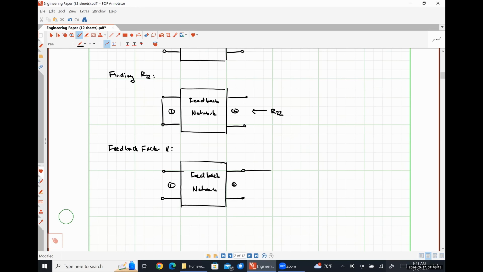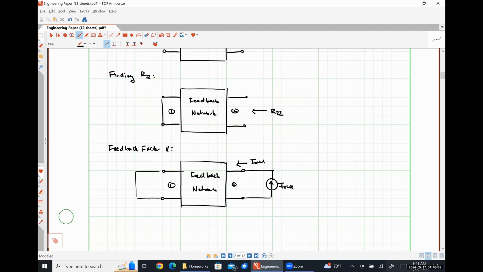So we're going to apply a test source that I'm just going to call I out here, so that our current flowing into port 2 of the feedback network is I out, exactly matched with what we saw above. And then I'm going to short circuit this side.